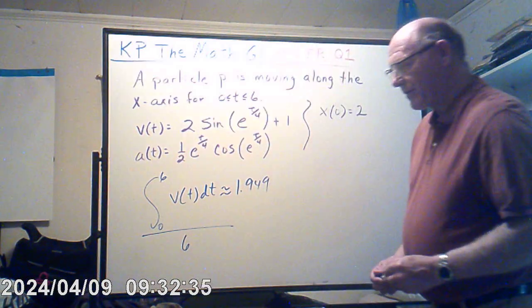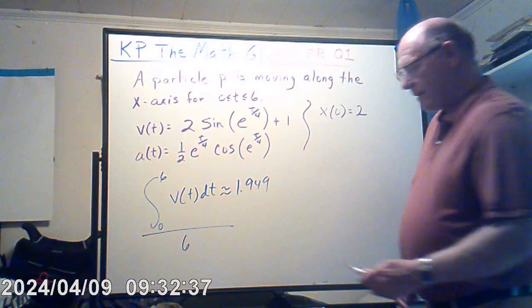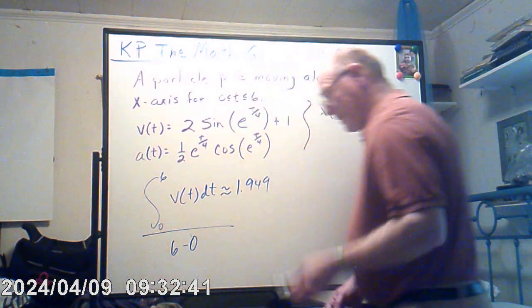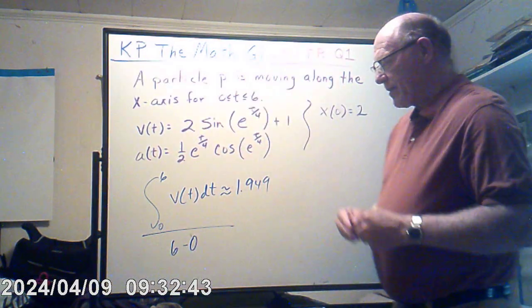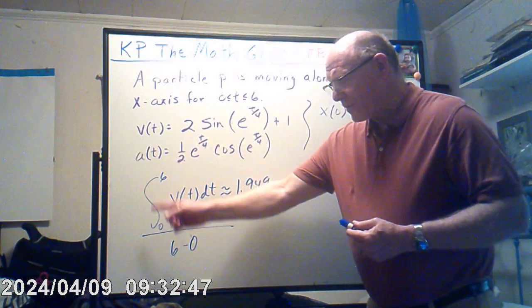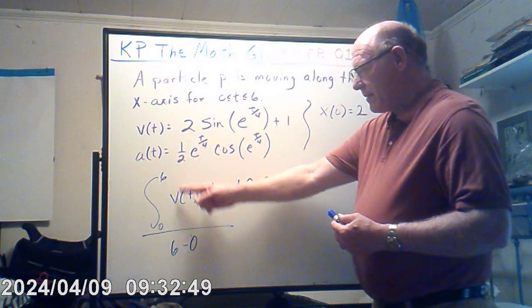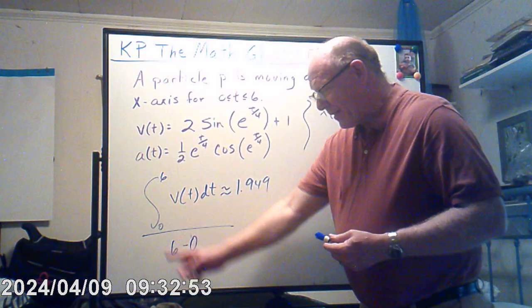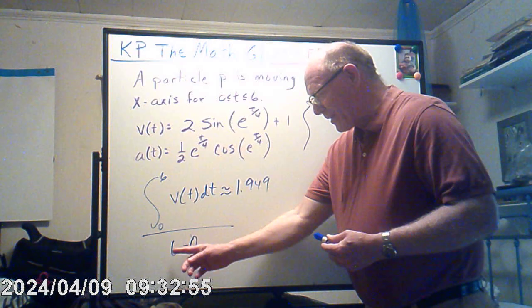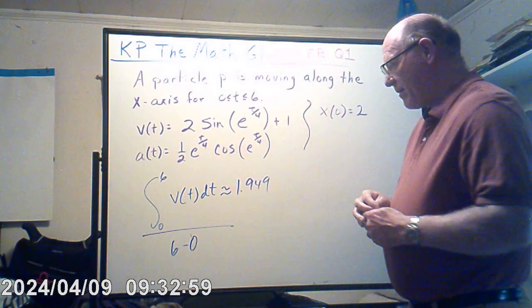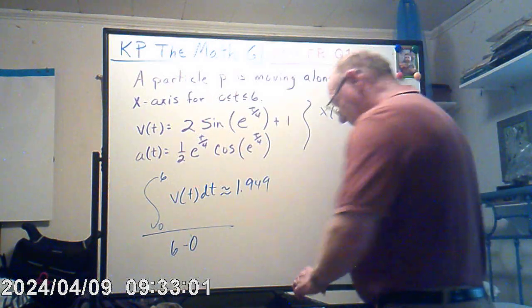Or if you want to do 6 minus 0, that's fine, still 6. For average, you multiply by 1 over the difference in the integrands, or you can divide by the difference. There's that one, very quickly.